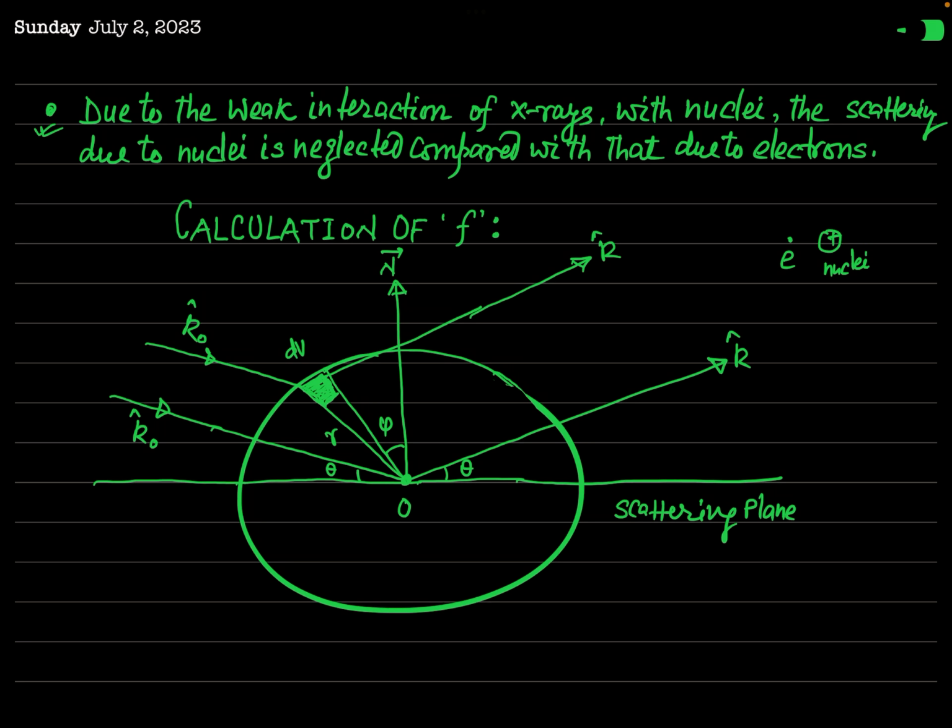The interaction between the X-ray and the nucleus is very weak, and due to this weak interaction, the scattering due to the nuclei is neglected compared with that due to the electrons.